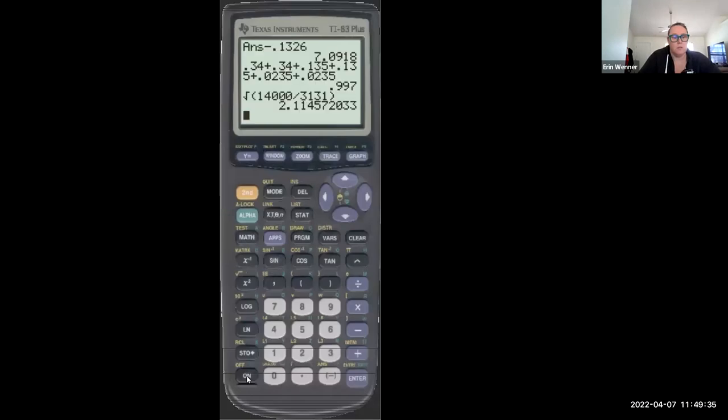Okay, so here is the graphing calculator. So what I want to do is I'm going to enter this set of data into my calculator. So in order to do that, let's see if I can make this bigger.